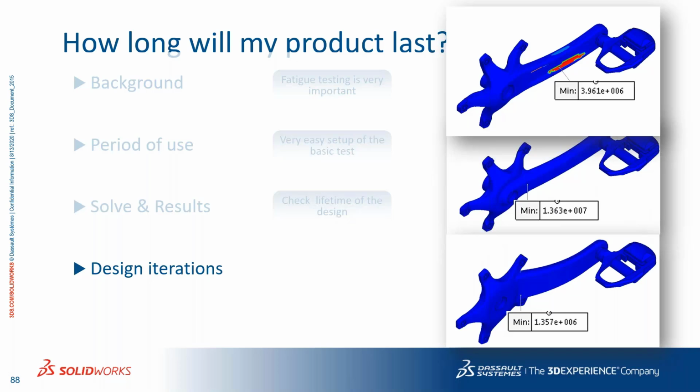When you compare all three here, these are the number of cycles I'm getting. Say I'm okay with this number of cycles. If it is fine for me, I can take this design for manufacturing or supplying. So this is how we can check different types of fatigue analysis after performing the linear static analysis.